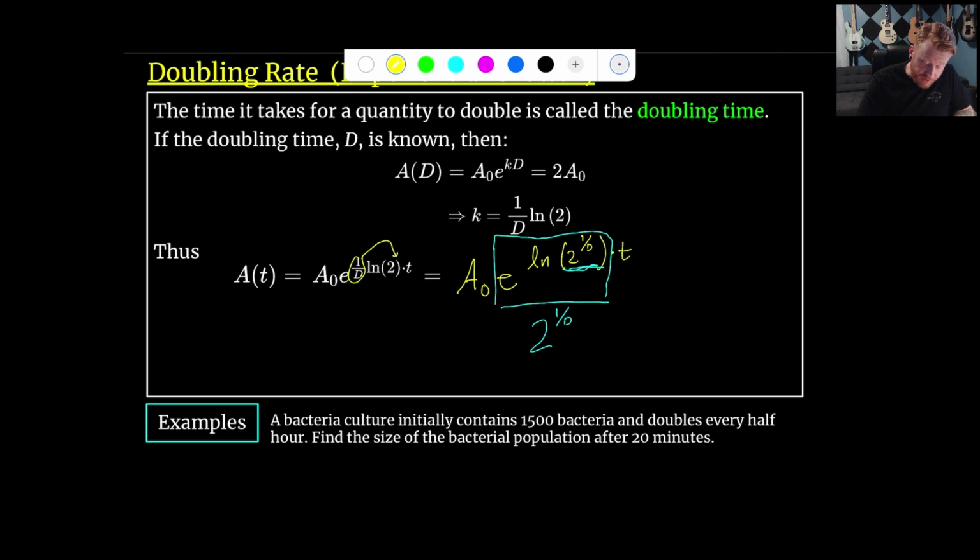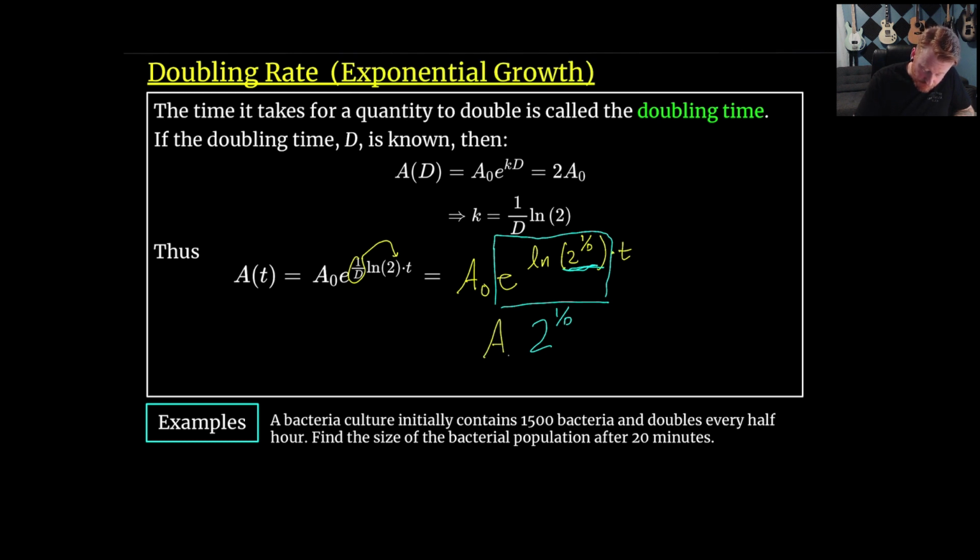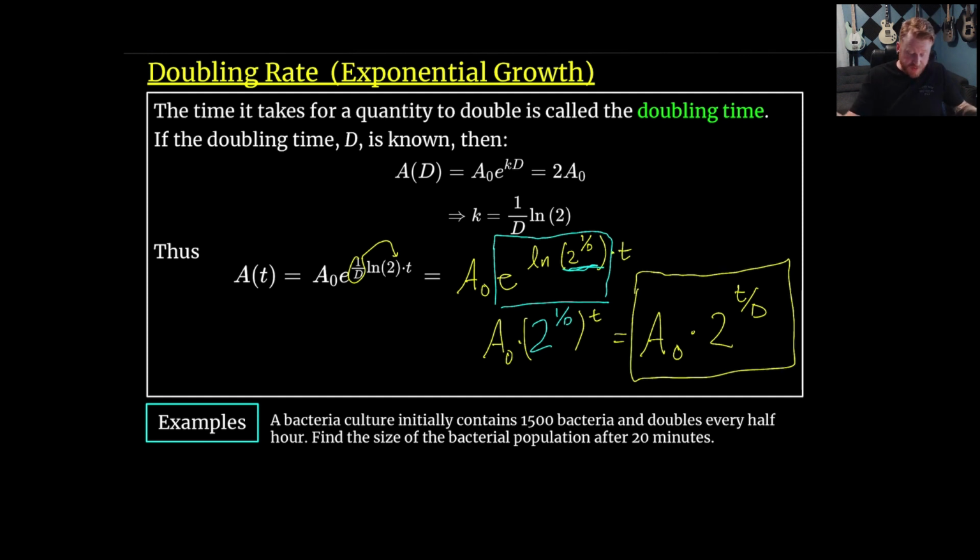The a naught is still the a naught, and it is still being raised to the t. So I can clean this up a little bit more, and I get that this is a naught times 2 to the t over d. So this is going to be our formula for the doubling. I could have kept it in that exponential form and just used that natural log and plugged things in there.